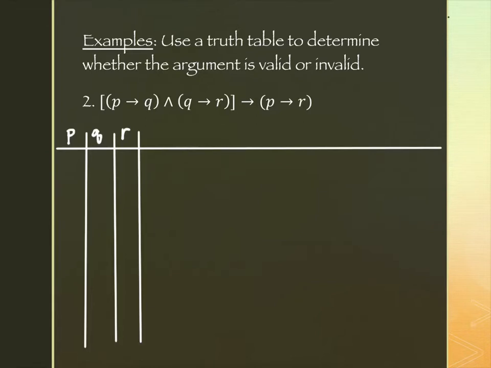All right, so what would the next column most likely be? What seems reasonable? Yeah, the first set of parentheses, it's P arrow Q. What do you think you might want to do as your next column? Yeah, the other set of little parentheses, Q, arrow, R.